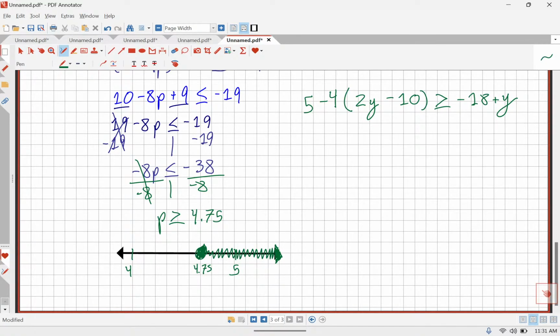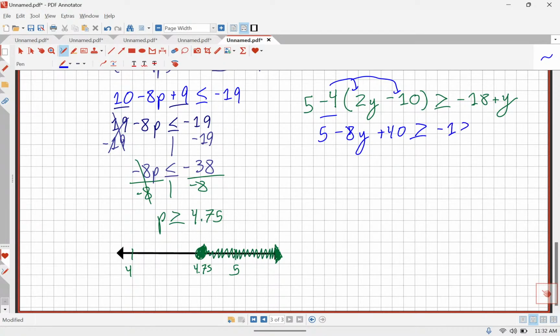Camilla, what's the first thing you would do here? Yeah. Distribute the negative 4 in there. That gives us negative 8y plus 40. Everything else just drops down.